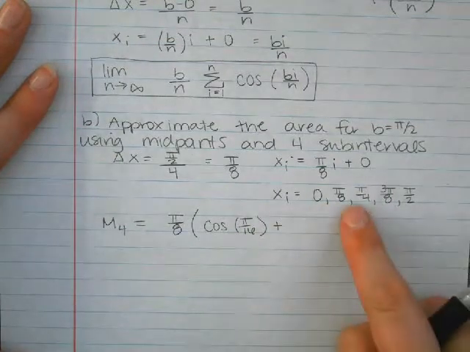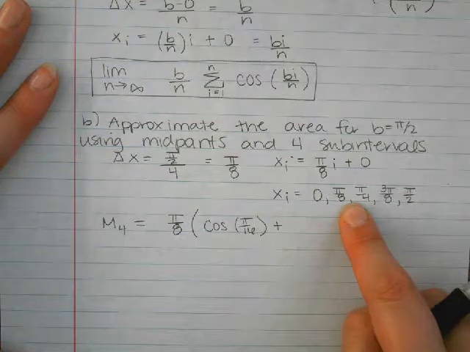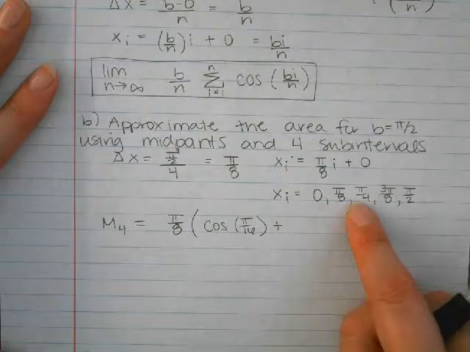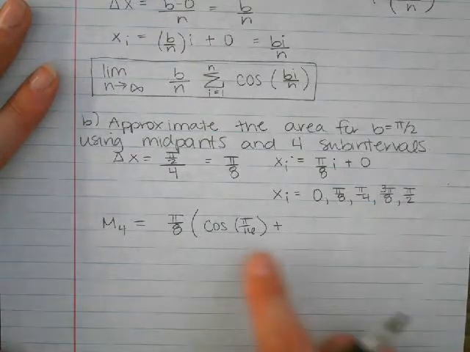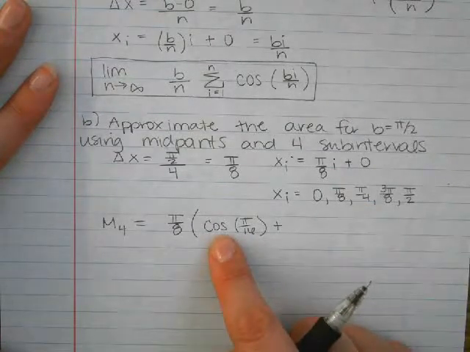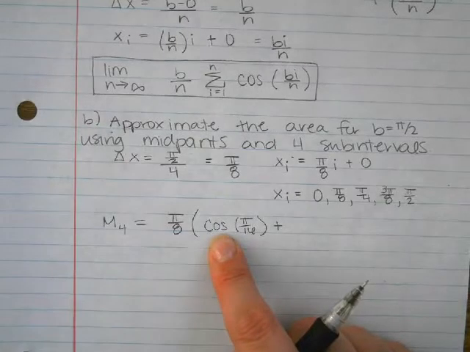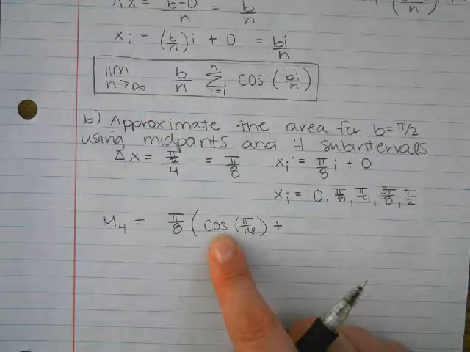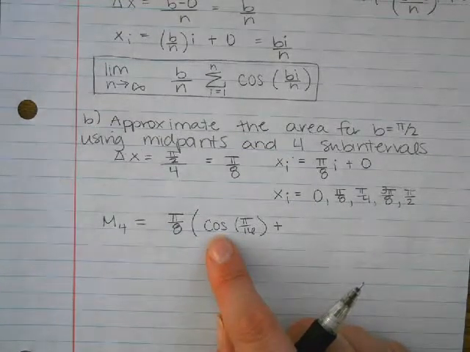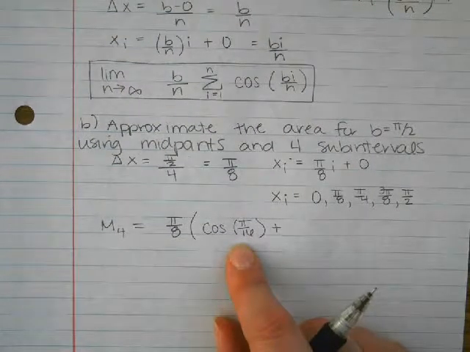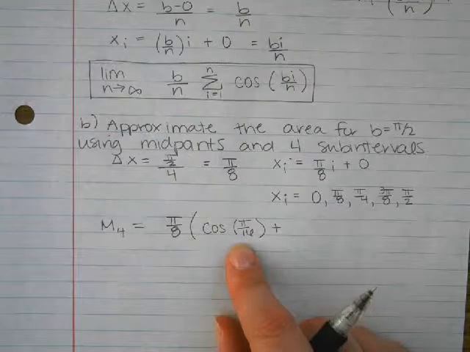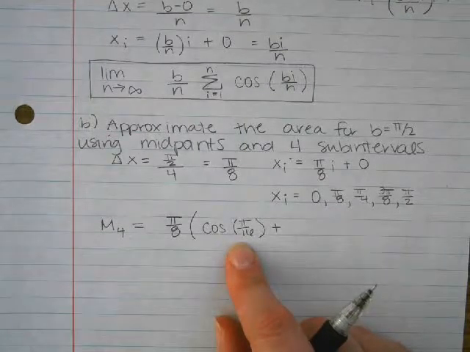The height of the second rectangle is going to be halfway between 1/8 and 2/8. It's not squared because our function here is cos x. Yesterday, or last night, our function was x squared, which is why we were squaring it every time. This time our function is cos x, so we're going to do cos of the number each time. When you find the height of your rectangle, you're just taking that x value and plugging it into whatever the equation for the curve happens to be.